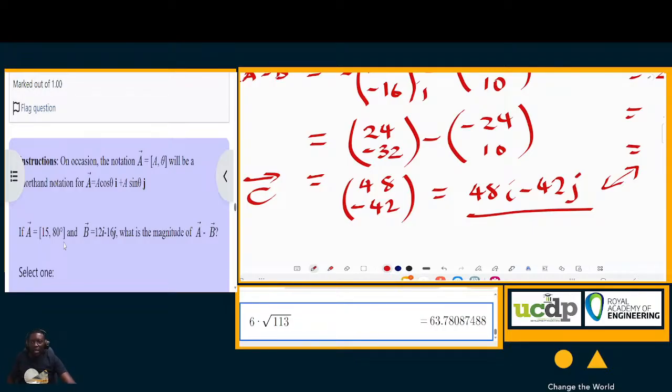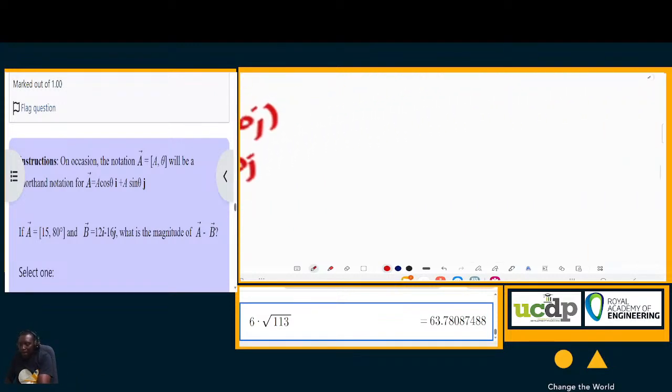So anyone who can lead us and tell us what we should do? Or if you want, you can work it out from your side and tell us what you get as your answer. Any volunteer? Yes, I can see Pilencha. The first thing we can do is to identify the magnitude of vector A, which is 15, at 80 degrees.